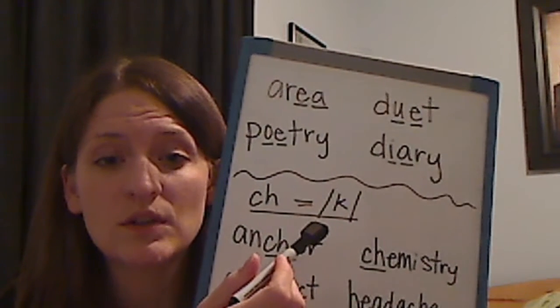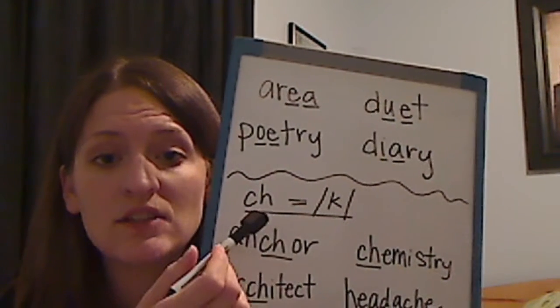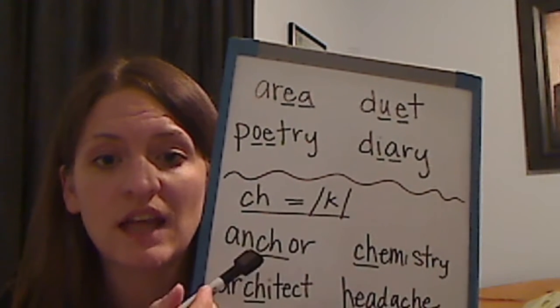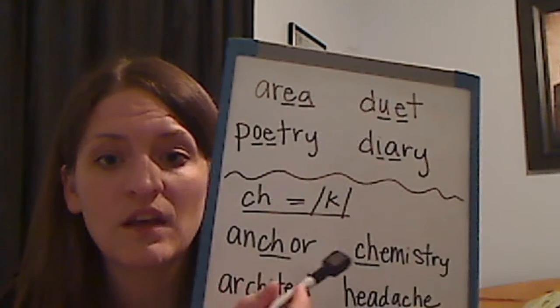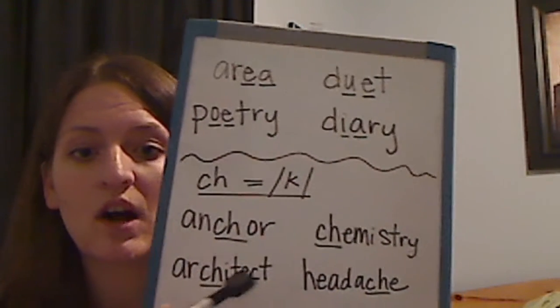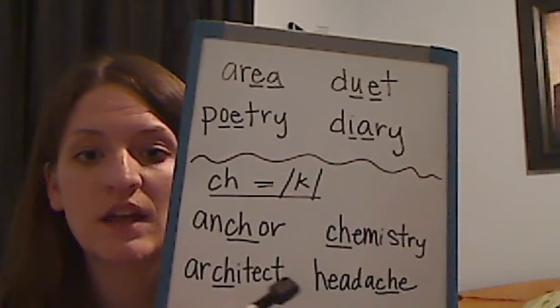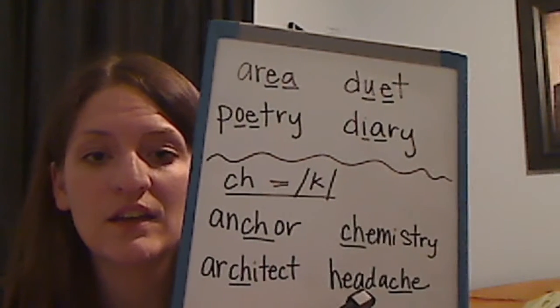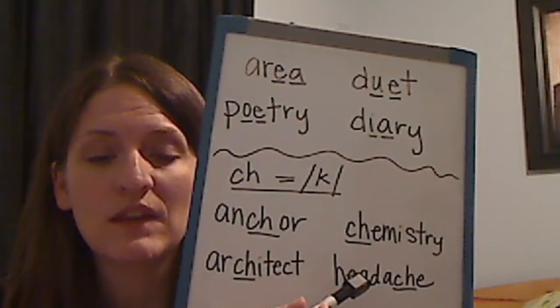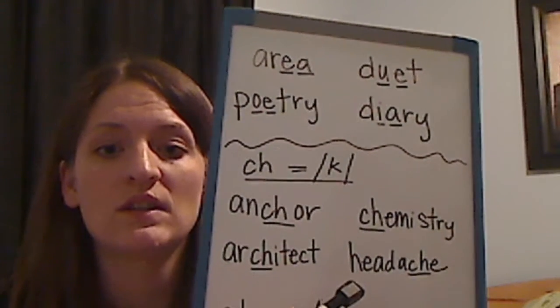So in these words, the CH combination makes the k sound, as in anchor, chemistry, architect, and headache. So remember that those make the k sound when you see the CH.